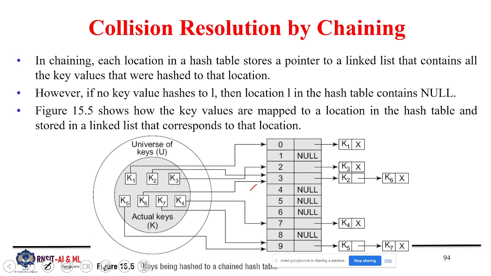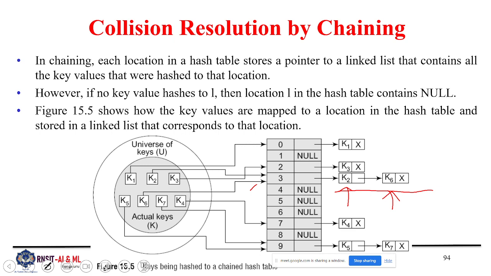So when you have collision of two keys like this, it will create a linked list chain. You can see the first number occurred, it will be the first node. Second number with the same collision will be stored in the chain. So it's a linked list kind of thing.